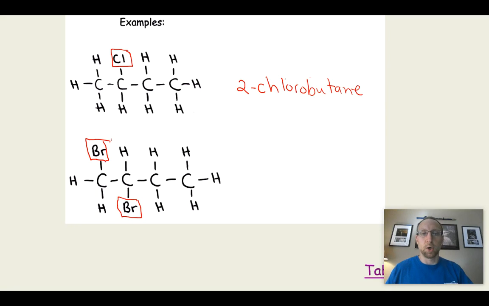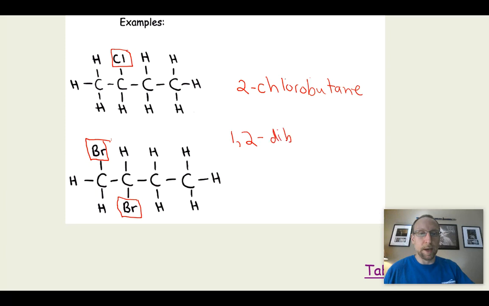So now, because they're both the same, we don't say them separately. We put them together and put a di in front. So it's dibromo. So now where do I have those? This would be on the 1 carbon, comma, 2, on the 1 and the 2 carbon.